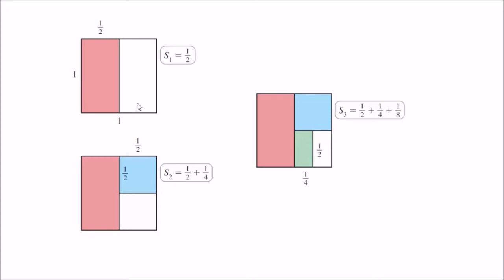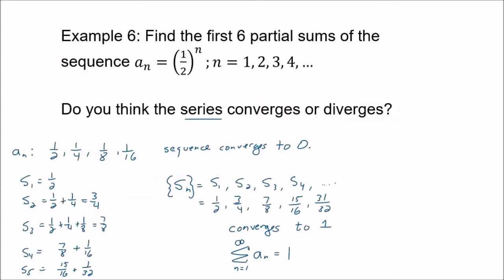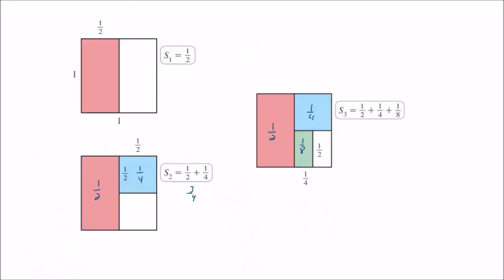If I take the part that's not shaded and I cut that in half and shade half of that, I get a half plus a fourth, which is 3/4. All right, let's take what's not shaded and cut that in half. So here I have half the square, here I have a fourth of the square, here I have an eighth of a square. And what did that add up to be? 7/8. 7/8, yep. So now we have 7/8 of the square shaded.